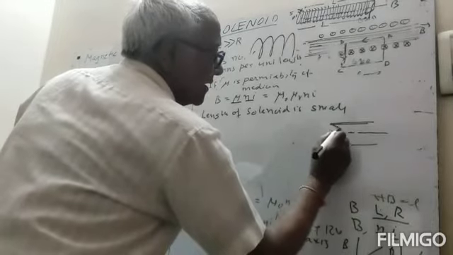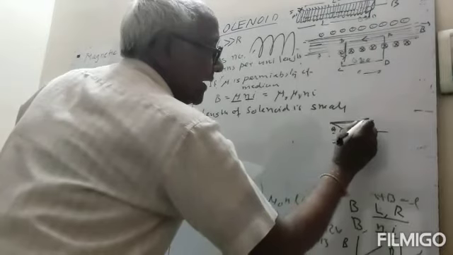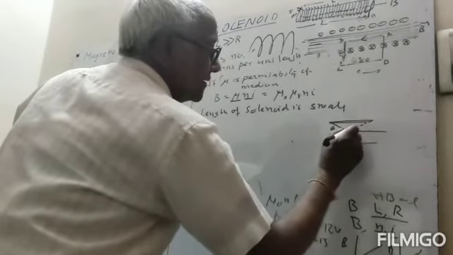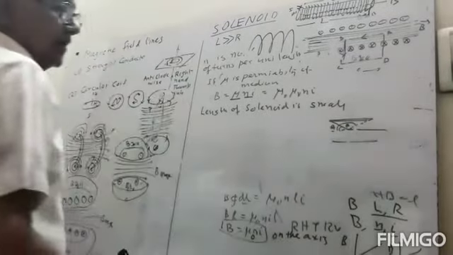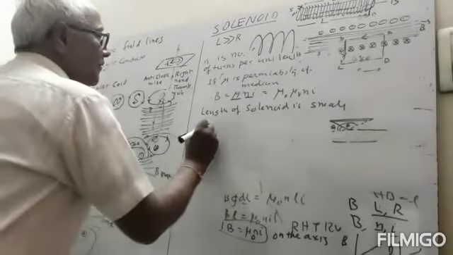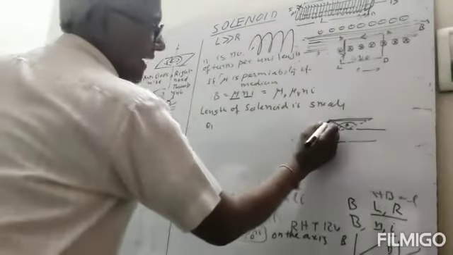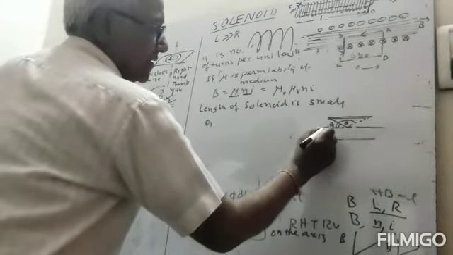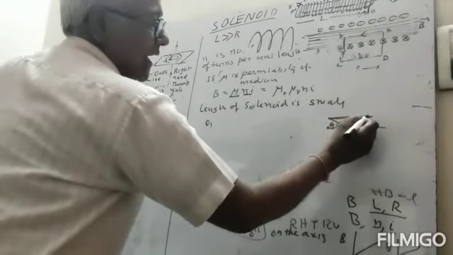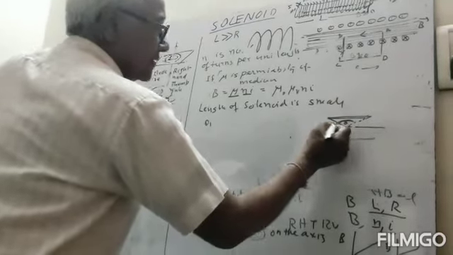We make an angle: this angle is theta 1, which this end makes with the axis, and this end makes angle theta 2.